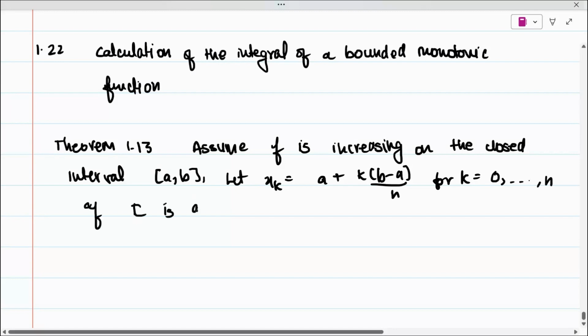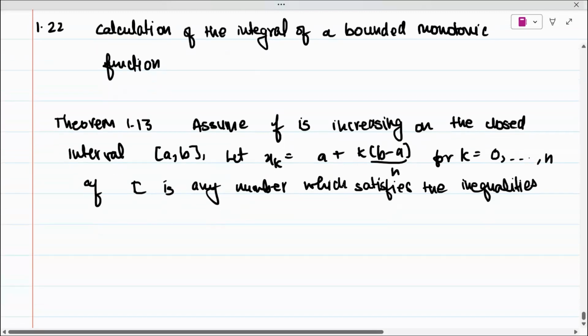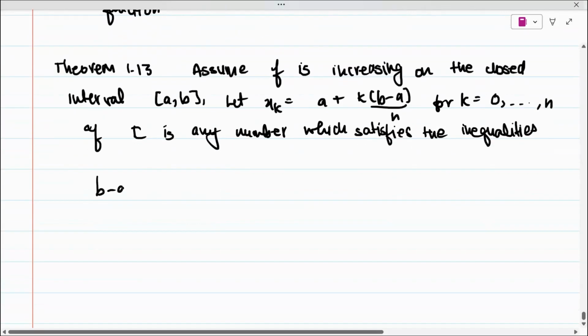Any number, I think a real number. We have a function, so we have to satisfy this. Notice k equals 0 to n minus 1. Usually it's k equals 1 because they're taking the kth interval.